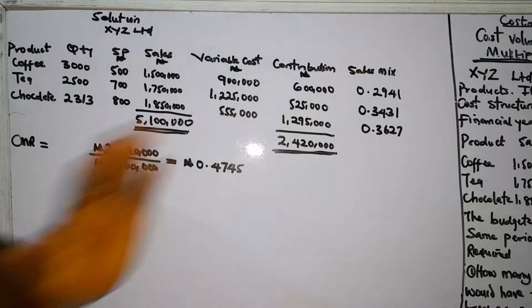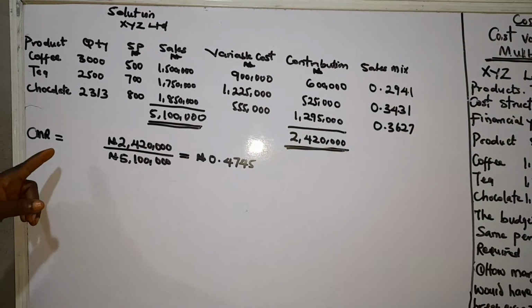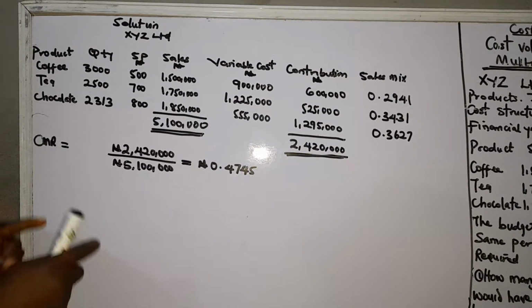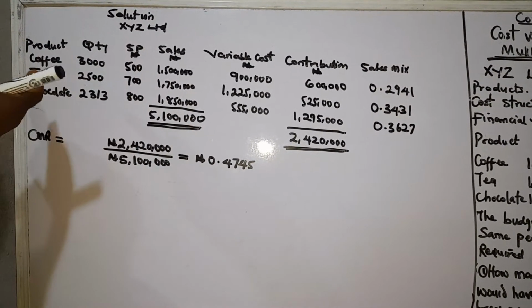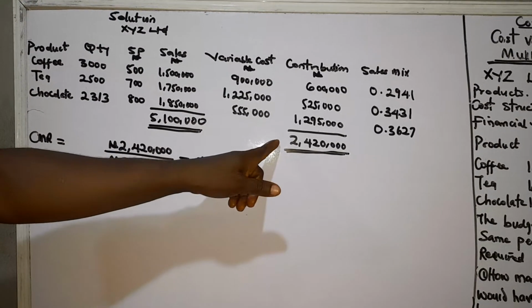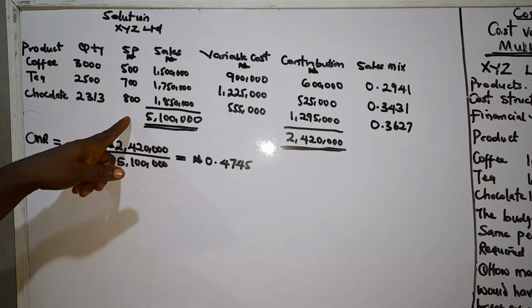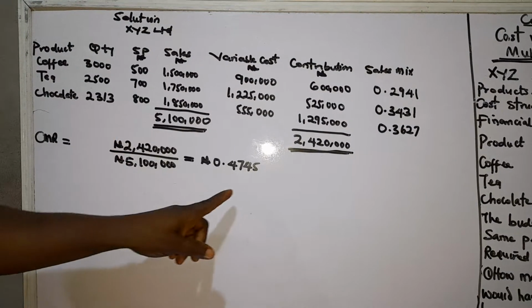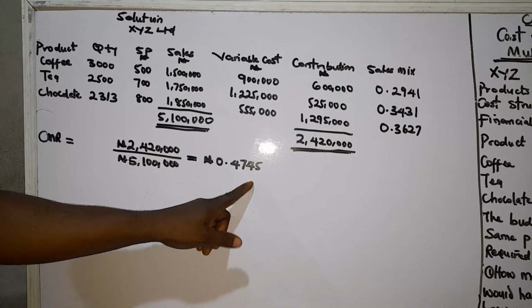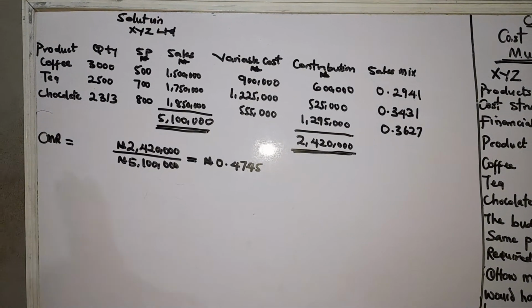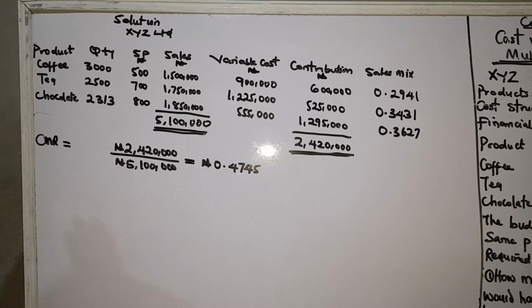So this is how we got the sales mix. Then our CMR, that means the contribution margin ratio for the 3 products, which is coffee, tea and chocolate. So 2,420,000 divided by 5,100,000, we have 0.4745. That is the CMR for the 3 products.